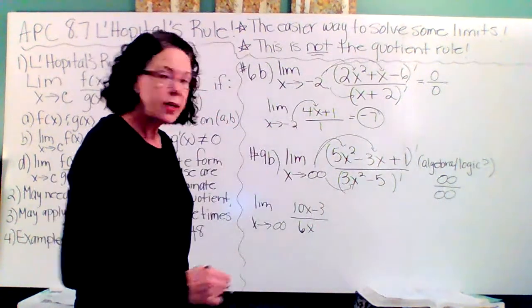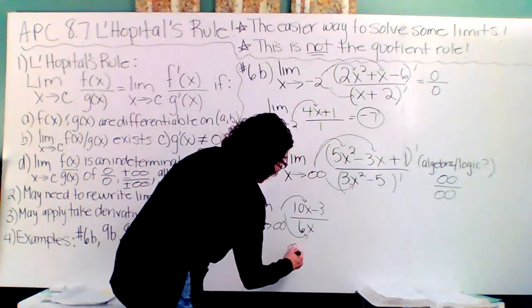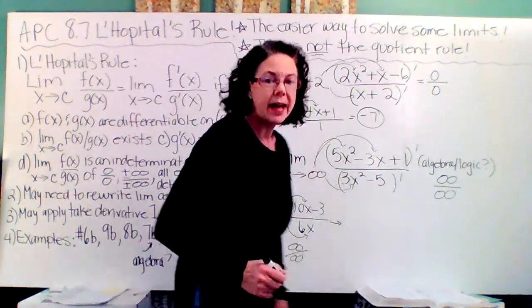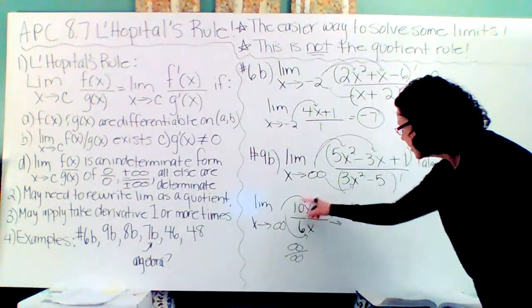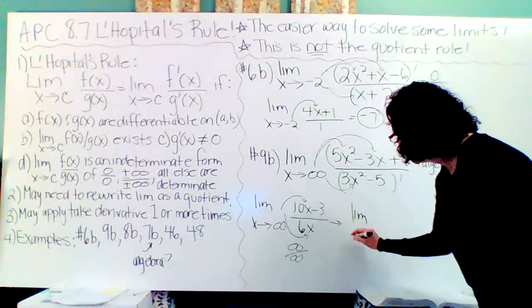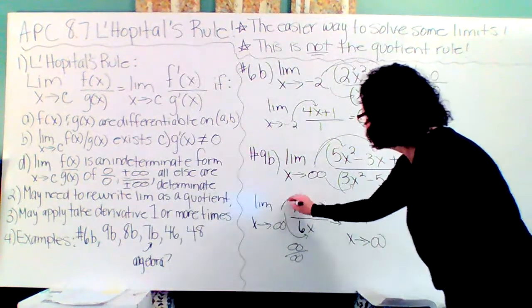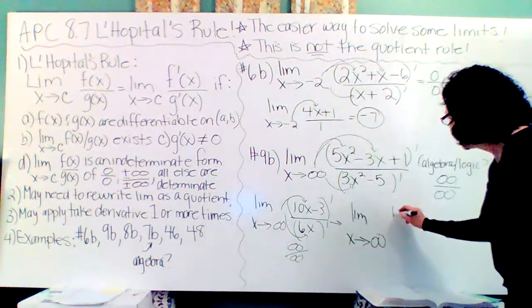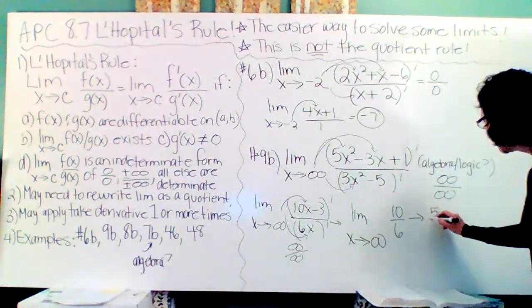Okay, when I try direct substitution here, I am still getting infinity over infinity, which means that I can take the derivative again, right? Because this is a new function. This isn't f divided by g. I can still apply L'Hopital's rule. So let's take the derivative again. I get 10 over 6, which is a constant, and that is 5/3.